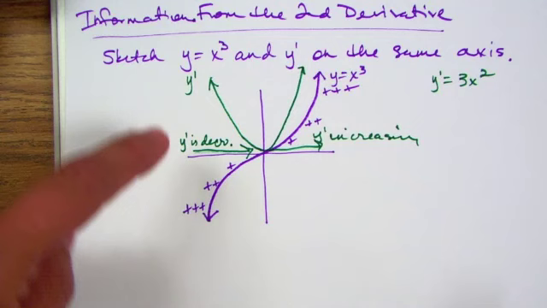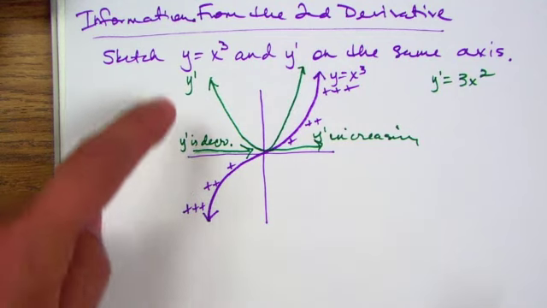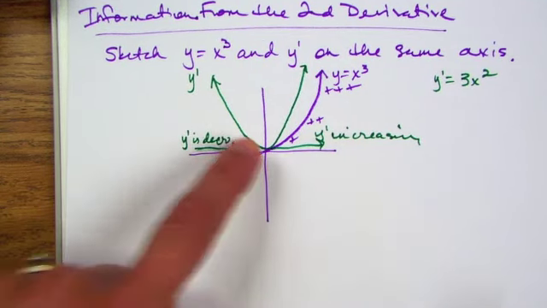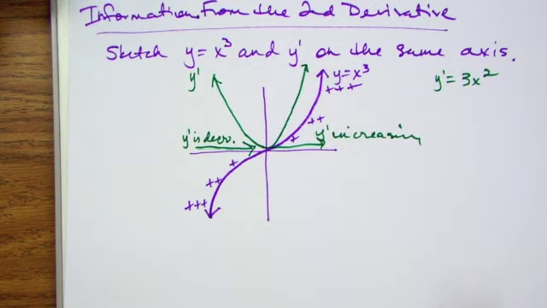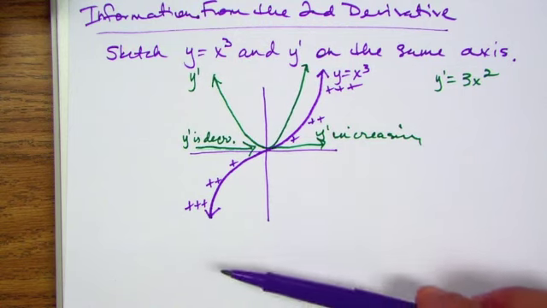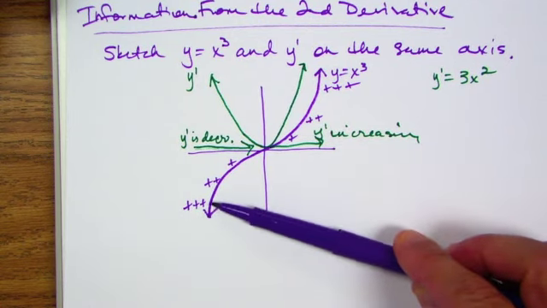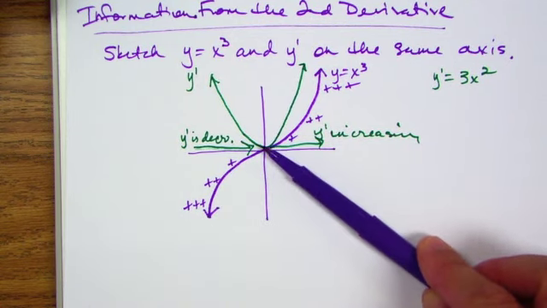If y prime is decreasing, what does that tell me about the original curve? The value of the slope is getting less and less. And so what does that make the curve do?